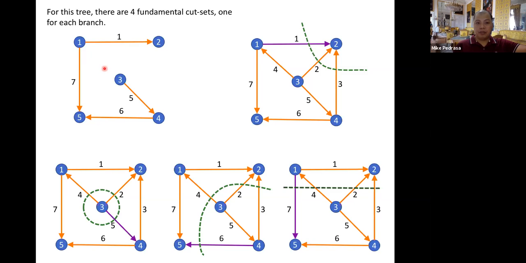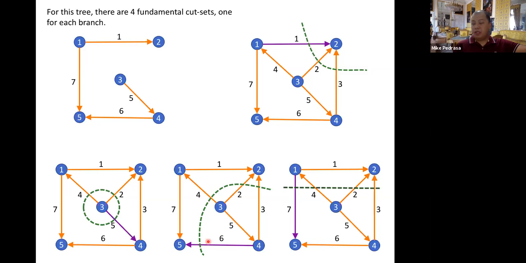And then branch 6, this one. What are the other branches that we can lump with branch 6 that will divide the graph into two disconnected subgraphs? It's 2, 3, 4, and 6.